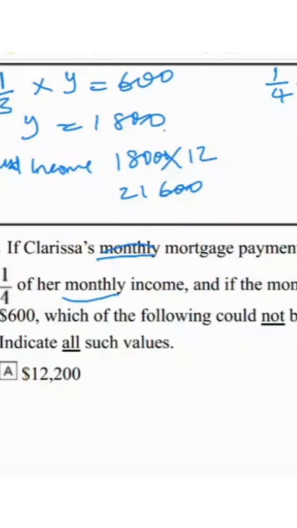For instance, 12,200 is the correct answer. Why? Because we are looking for not. The question says not. We are selecting the ones that are not.